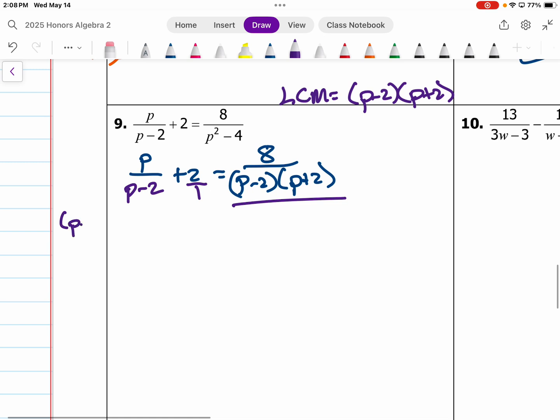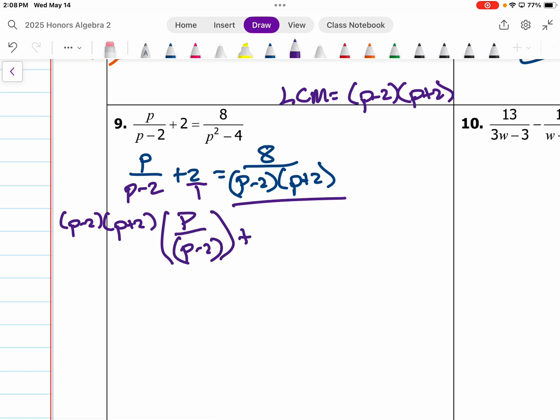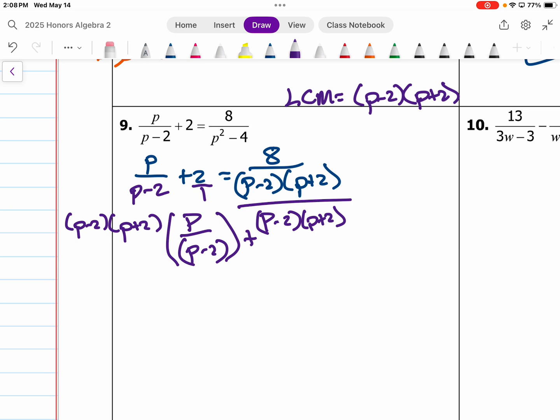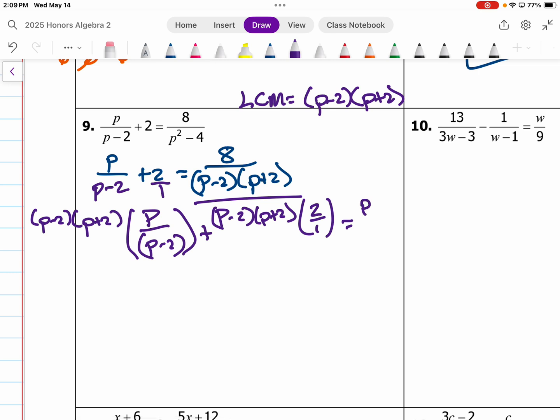So, P minus 2 times P plus 2 times the P over P minus 2, plus P minus 2 times P plus 2 times the 2 over 1, equals P minus 2 times P plus 2 times 8 over the two things.